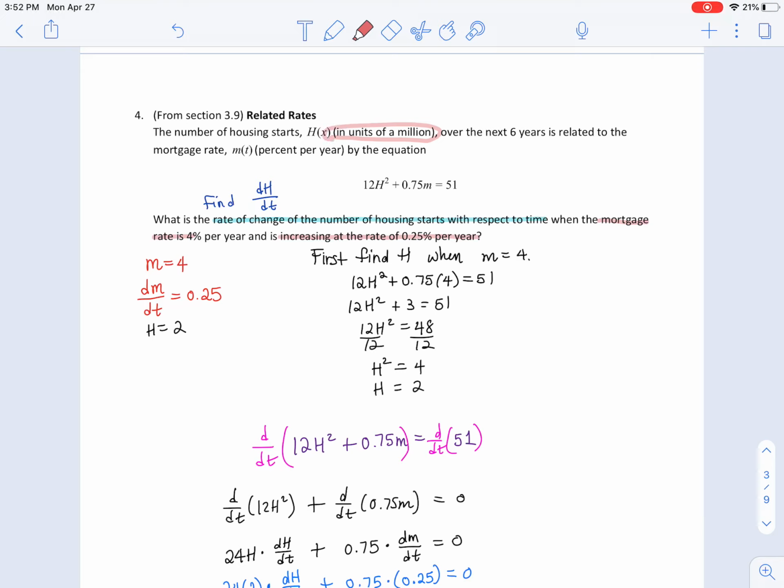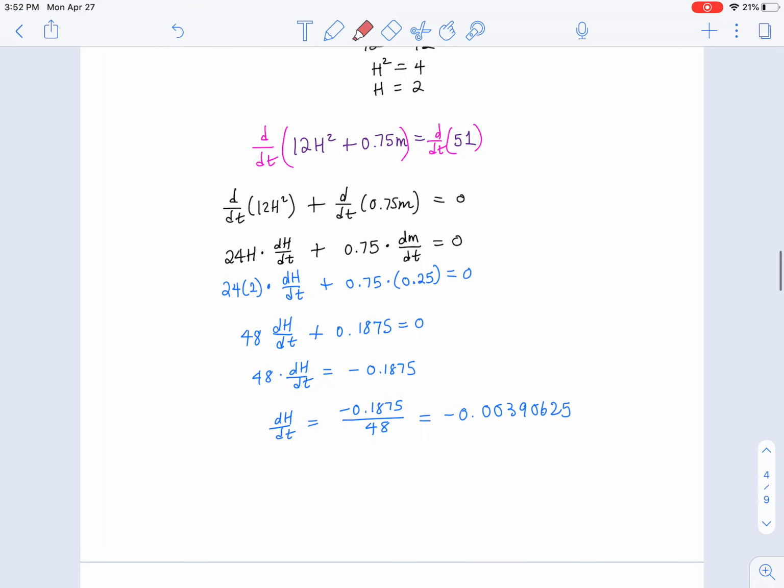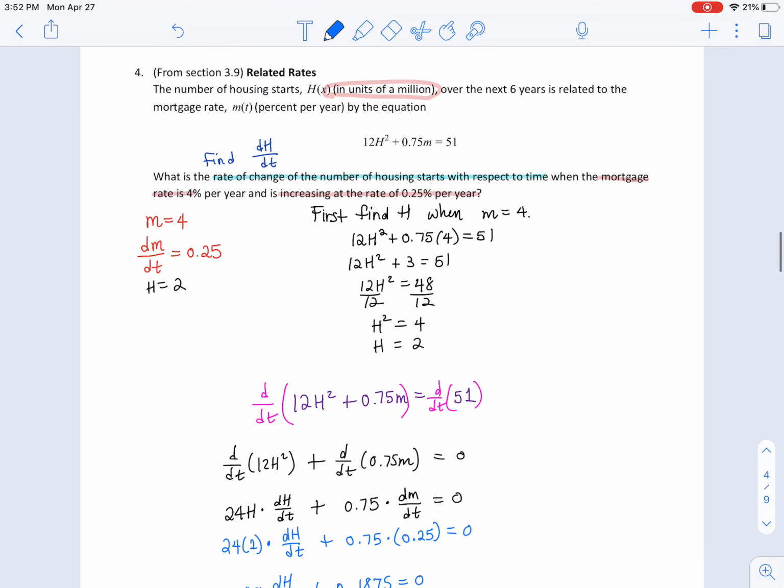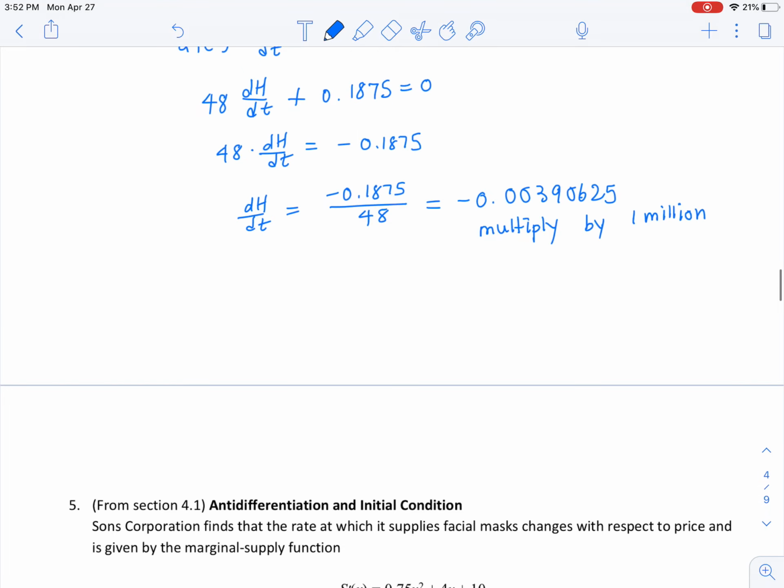So what I'm going to do is multiply this by 1 million. All right, if I multiply this number by 1 million, and you know exactly why I'm multiplying by 1 million, right? This H is in units of a million.